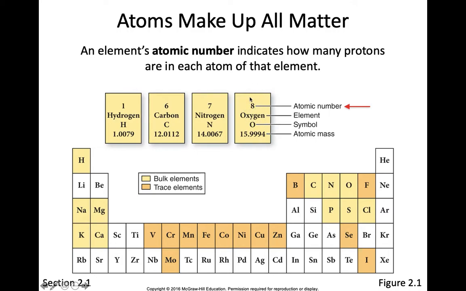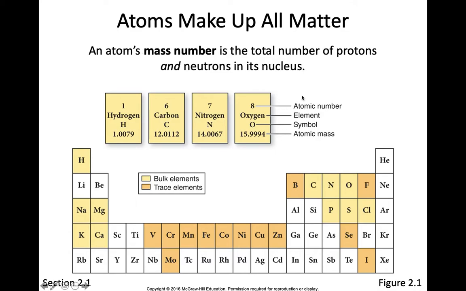Because positive equals negative, they cancel each other out. So the atomic number not only tells you the number of protons, it also tells you the number of electrons found inside of that element. Nitrogen has 7 protons, 7 positive charges. It's also going to have 7 electrons, 7 negative charges.